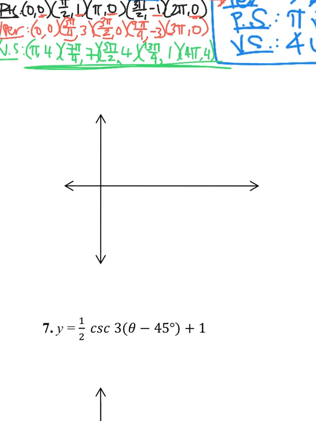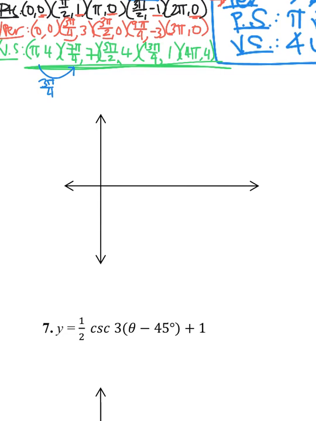I do notice I am jumping 3 pi over 4 for each of these jumps. So I'm just going to make each tick mark worth 1 pi over 4, and I think that's the cleanest way to do that one.